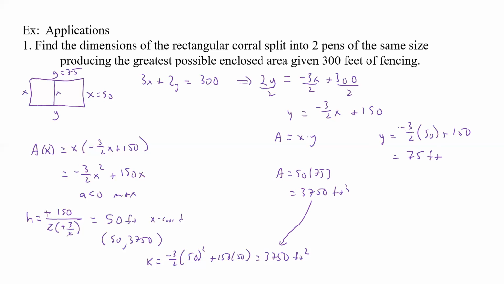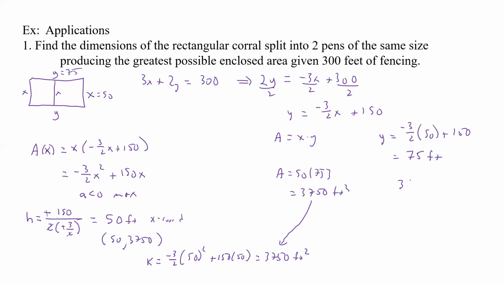So now we've kind of solved this two ways. We solved it down and got our value here, which gave us the 50, but we had to plug it back into one of the original equations to solve for the y value. Or we could have taken 3750 equals 50 times y, and then divide by 50, and we would have gotten 75 the same way. So we could have done it two ways.